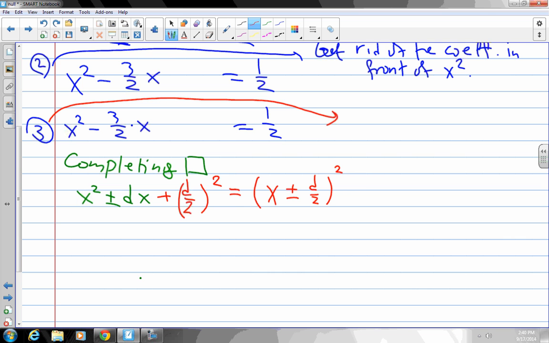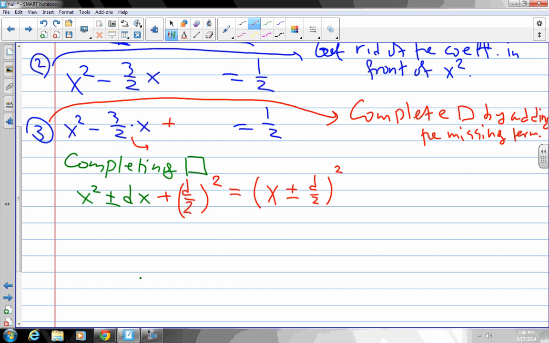So complete the square by adding the missing term. So what we're adding here, we have to take 3/2. That's the coefficient in front of x. And we have to half that. So what is half of 3/2? 3/4.